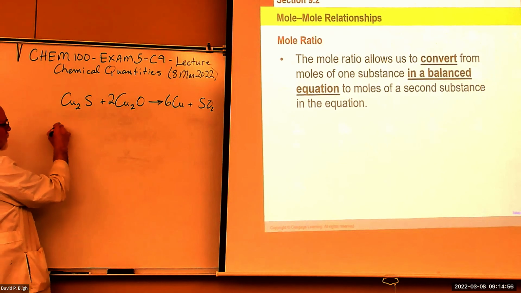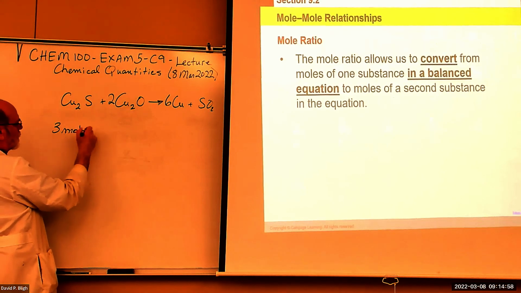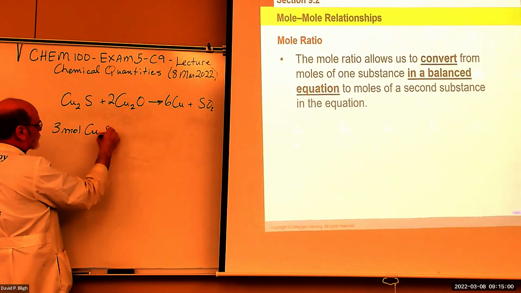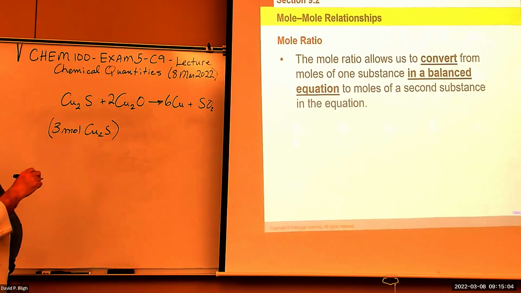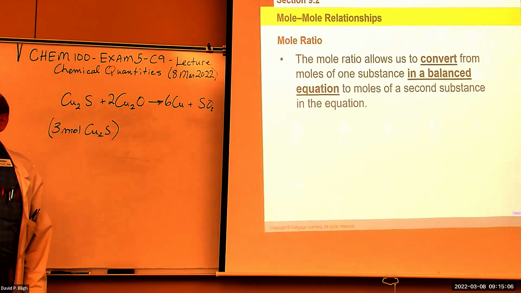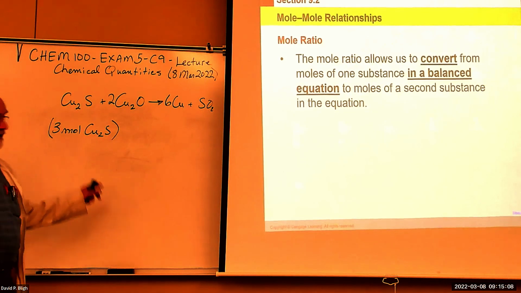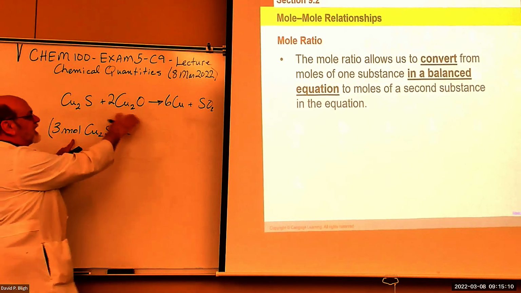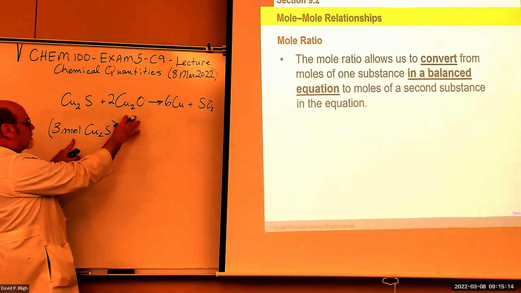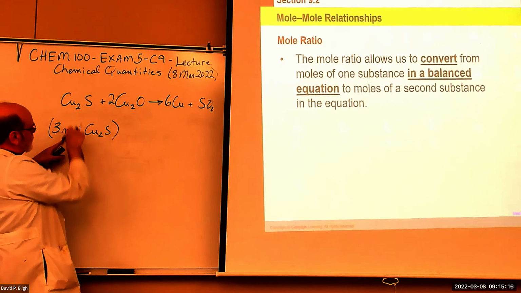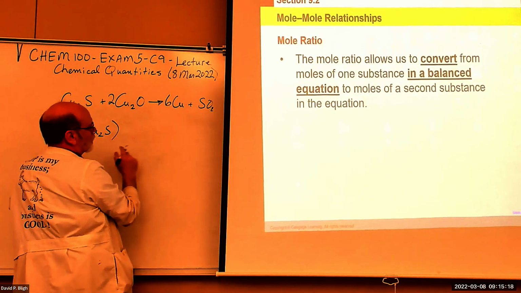So we have 3 moles of copper(I) sulfide. We want to find out how many moles of copper can be produced from this. If there's plenty of the oxide, so that's not a limiting factor, then we can convert 3 moles of this to how many moles of copper?